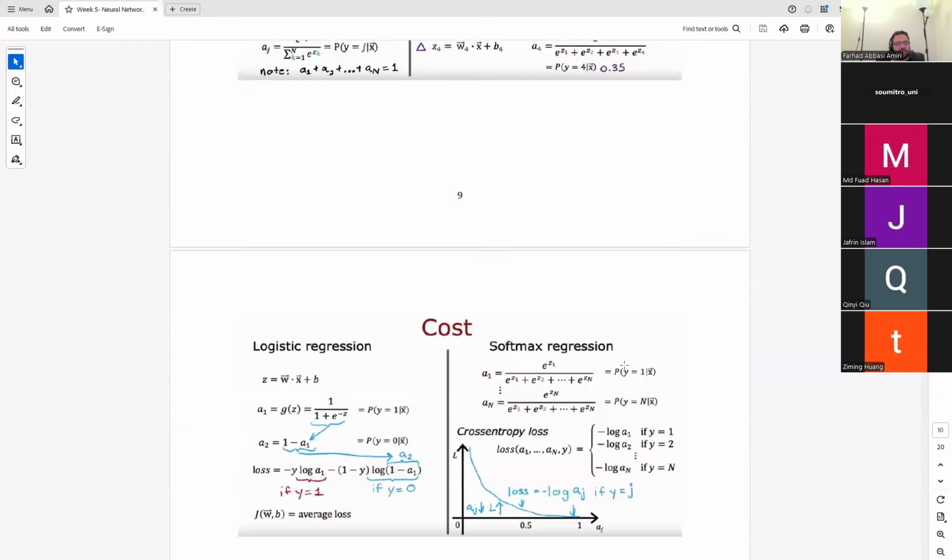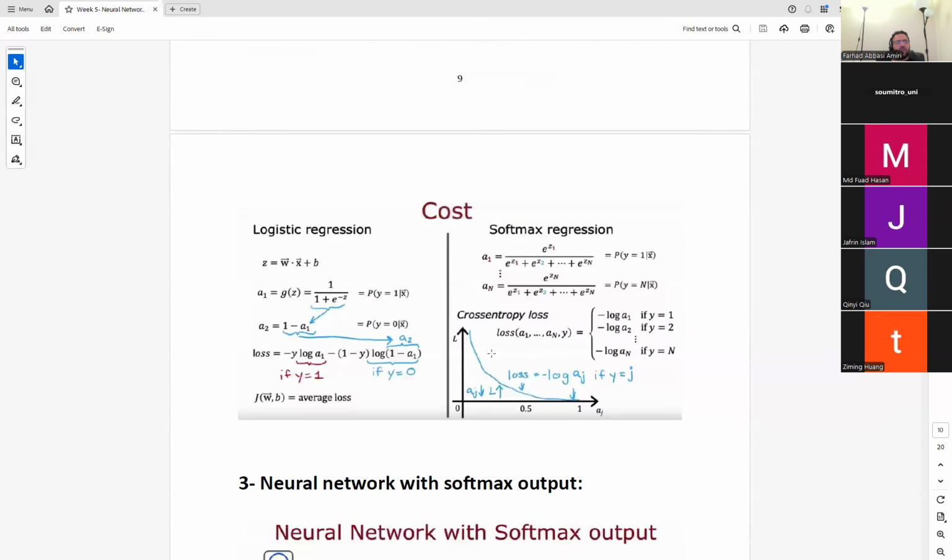You have the same thing here. And then for multi-class classification, the loss function is cross entropy loss, which is this equation here. The loss function is a function of A1 up to AN and Y.